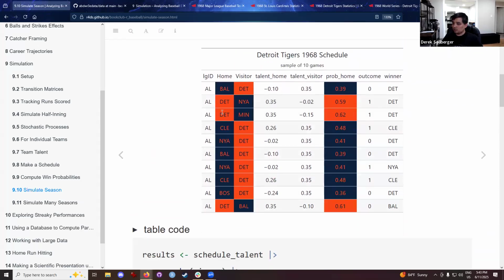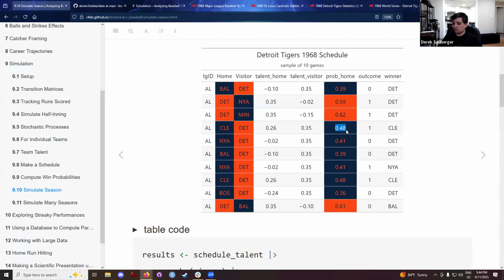Looking at a couple of examples, I'll start here on row 3. The home team Tigers have more talent than the away team Twins. The probability of home team winning is greater than 50%, and the home team won. And the Tigers won. In the 4th row, the Cleveland baseball team has slightly less talent than the Tigers.